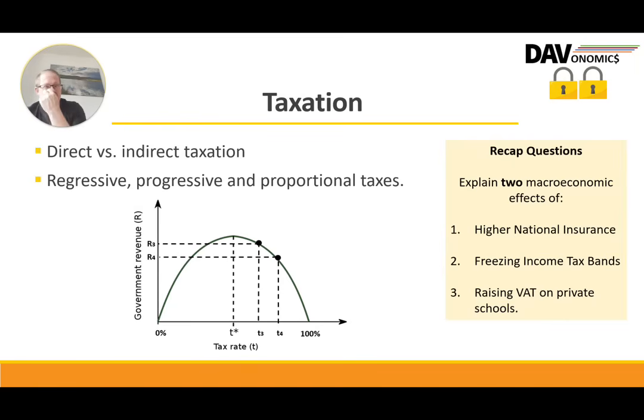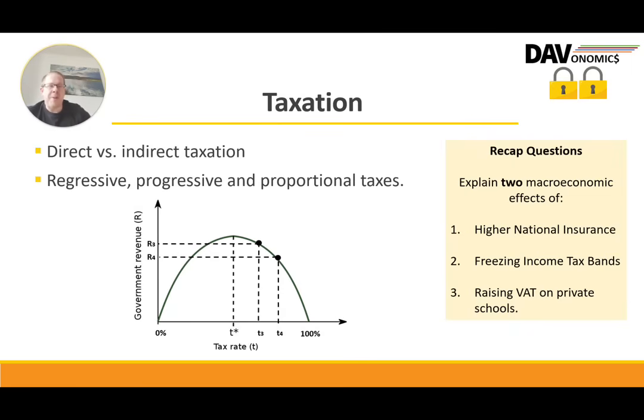And then you can see the Laffer curve here. So this is a nice one you can use. Here it's showing you the fact that if your tax rate rises from T3 to T4, then your revenue may fall from R3 to R4. For example, if you put up corporation tax, you're getting more tax per profit, but maybe fewer firms may actually produce in the economy because of high corporation tax.